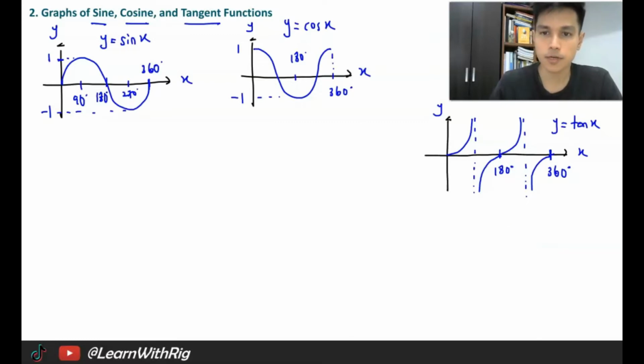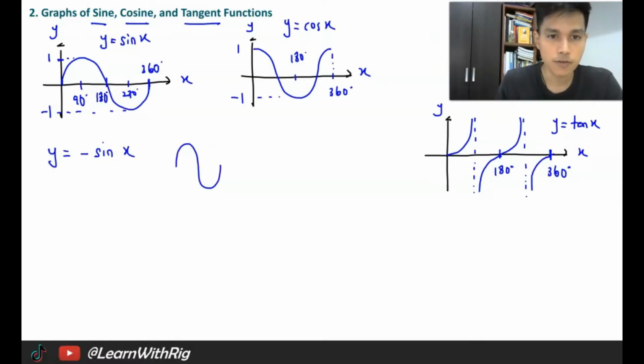Now I'm going to go through some different types of how the question can ask you. The question, of course, is not going to just give you draw sine x, draw cos x, it's not going to be so simple. Let me give you an example. Let's say y equals negative sine x. You already know that sine x is like this, correct? This is the sine graph. Now you have a negative.